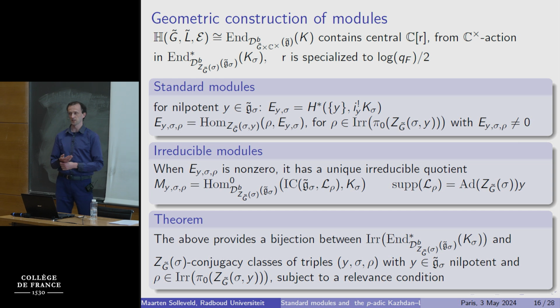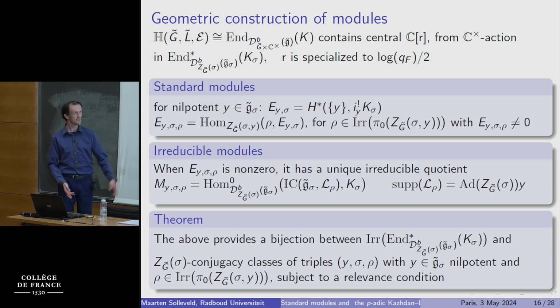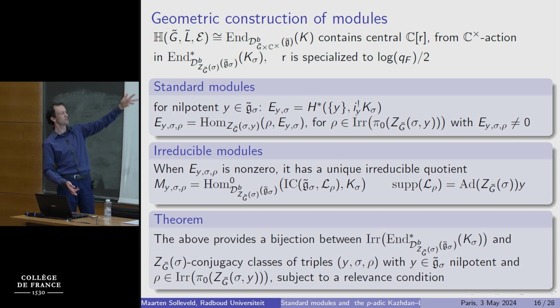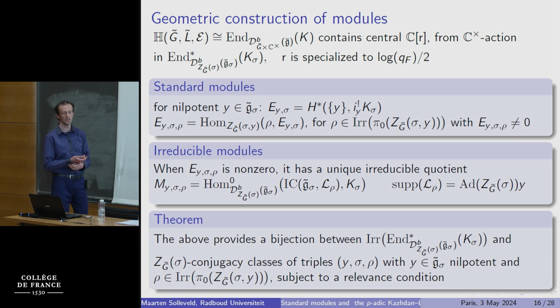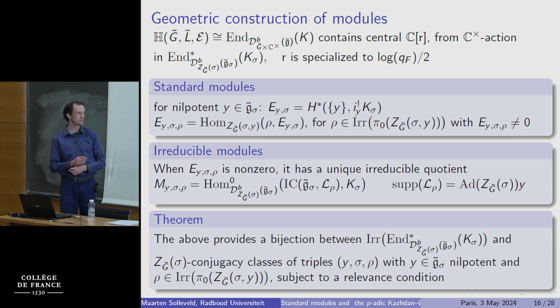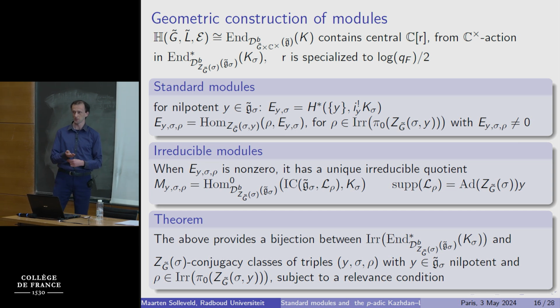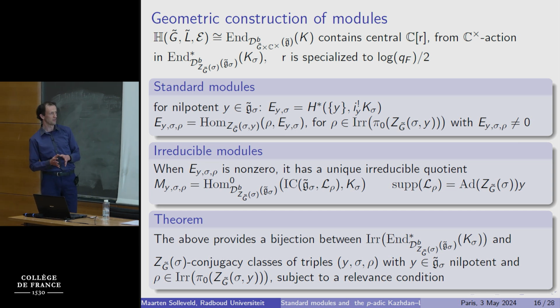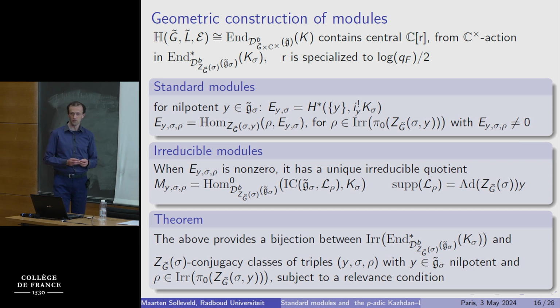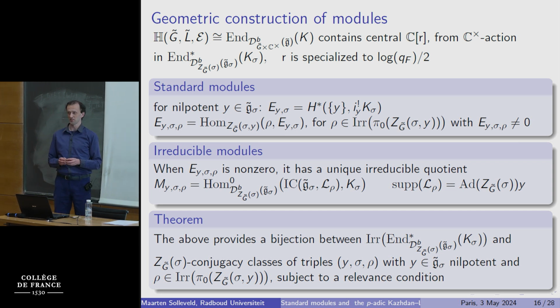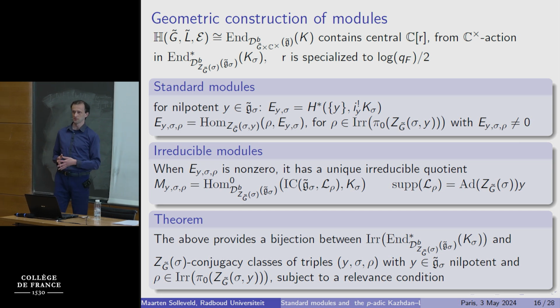The standard modules can be parameterized by geometric data consisting of a semi-simple element sigma, a nilpotent element y, which has a certain commutation relation with sigma, forcing it to live in a certain vector space, and an irreducible representation rho of a suitable component group for these data, semi-simple element and nilpotent element. So this is all pretty similar to what people have observed in the local Langlands program, namely what would happen for a Langlands parameter.